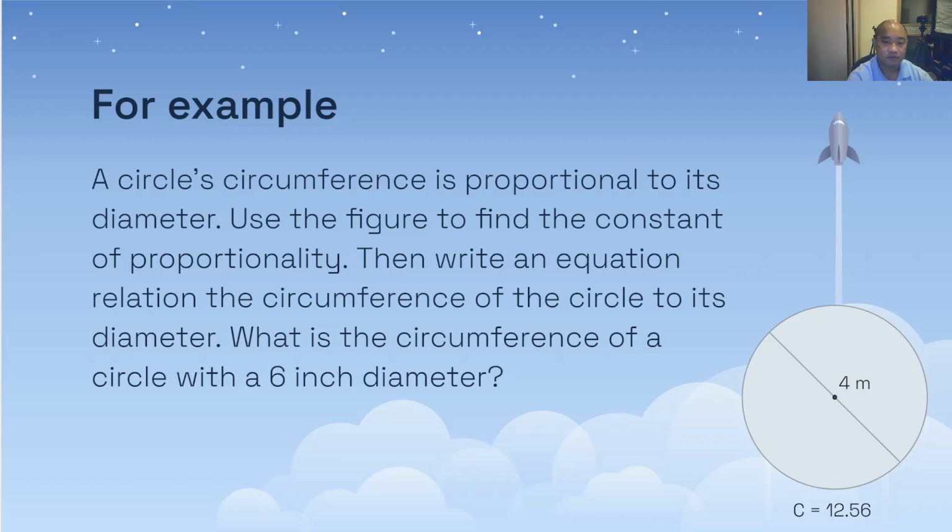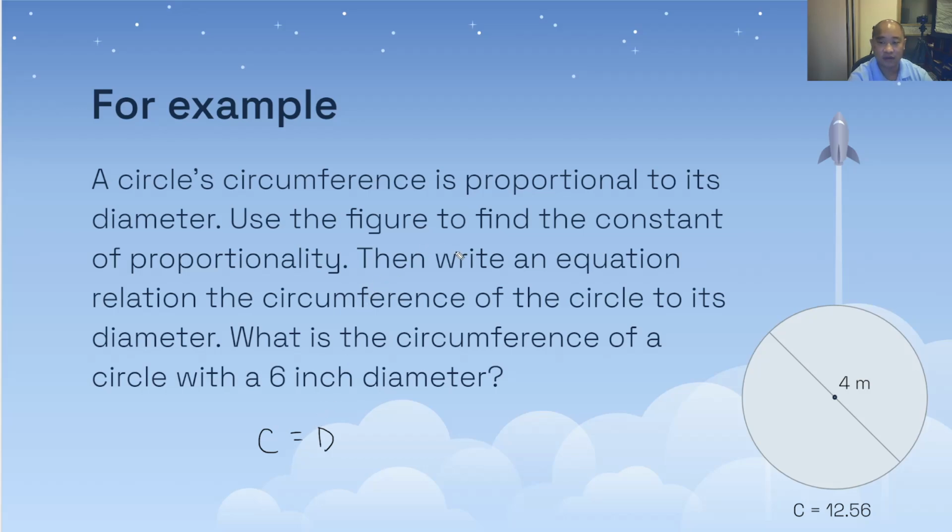So for example, a circle's circumference. Circumference is the distance around the outside, right? It's like the perimeter of a circle. It's called a circumference. It is proportional to its diameter. The circumference is proportional to the diameter.